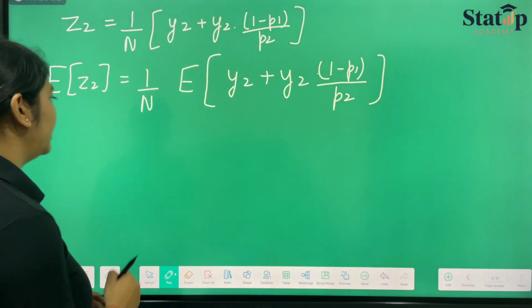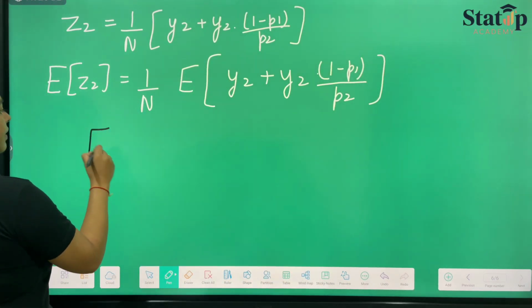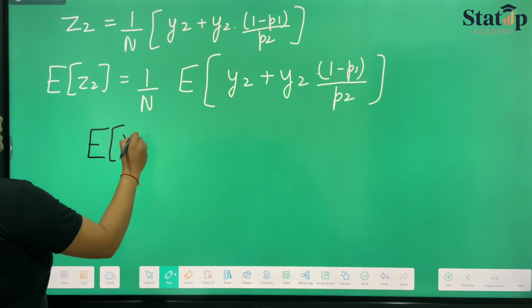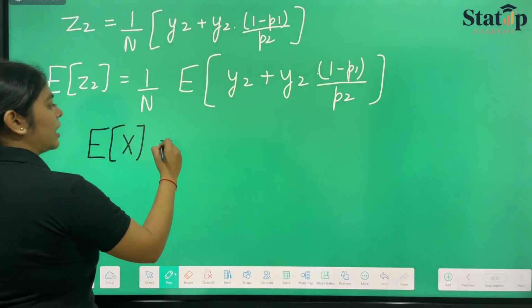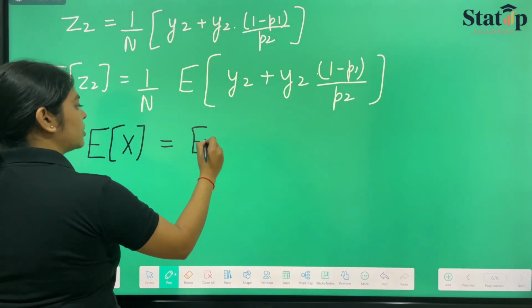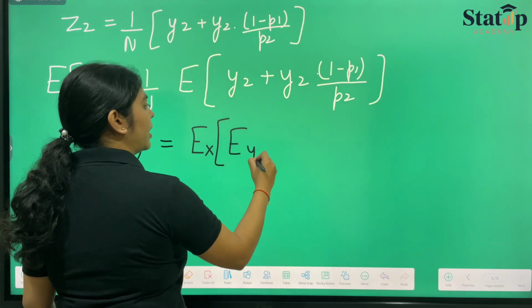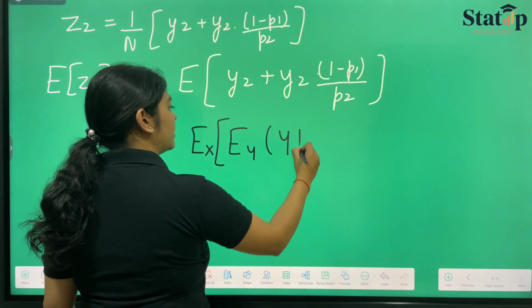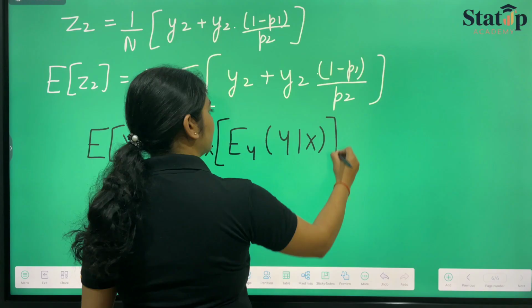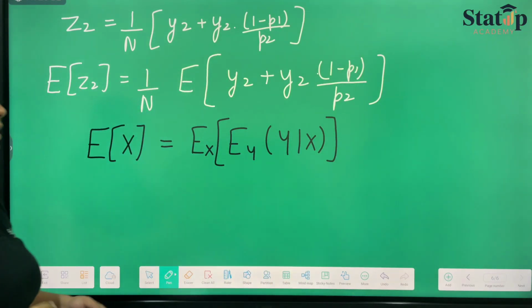Now, we know that one of the properties of estimation: suppose we are taking estimation of x, this can be written as estimation of x into estimation of y given x. This formula can be taken like this.